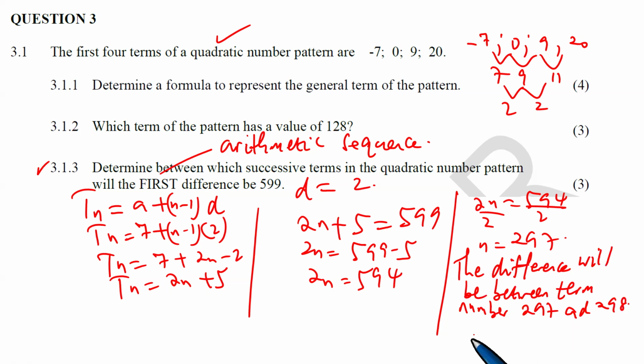The difference will be between term number 297 because you're getting n equals 297. So the difference is between term number 297 and 298.